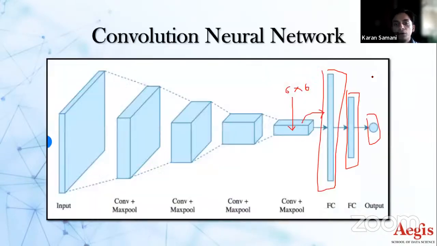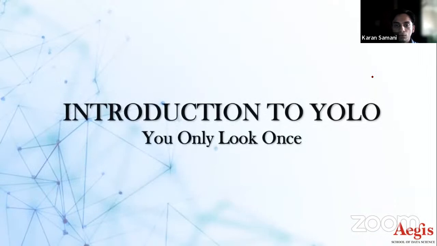So now you understand what a fully connected layer is, what a deep neural network is, and what a convolution neural network is. Now we have to move on to talk about YOLO. YOLO is kind of a funky name: You Only Look Once. The YOLO algorithm does not iterate too much.